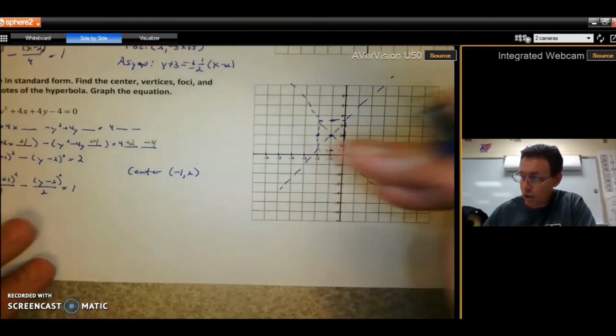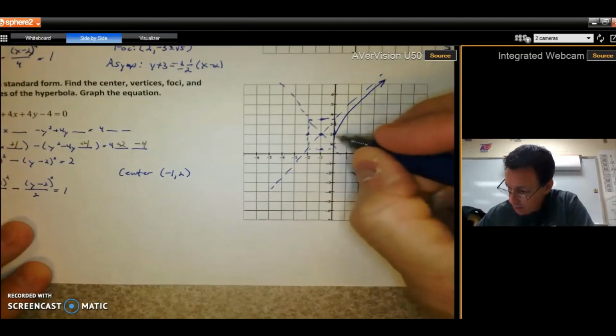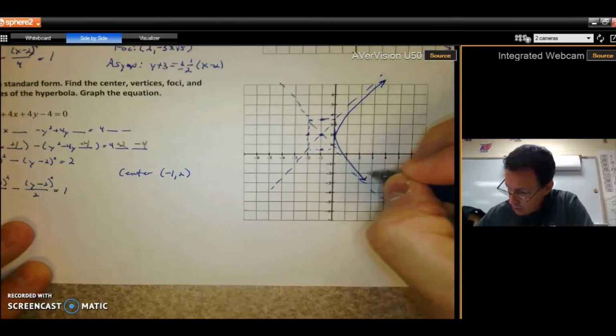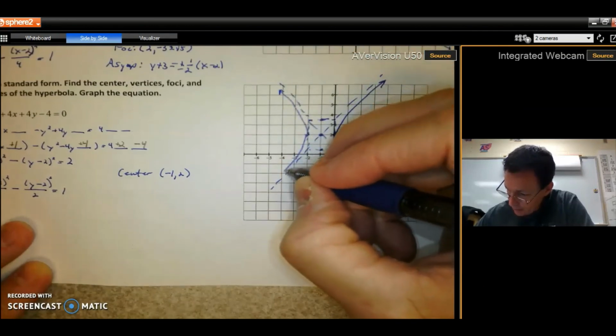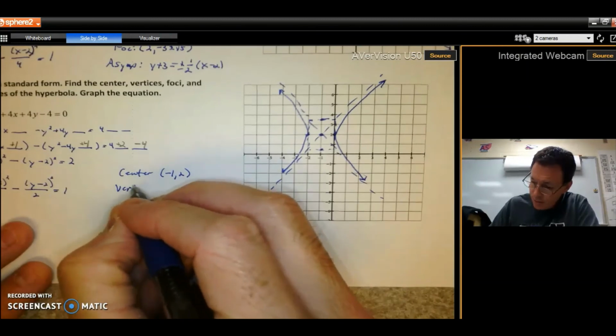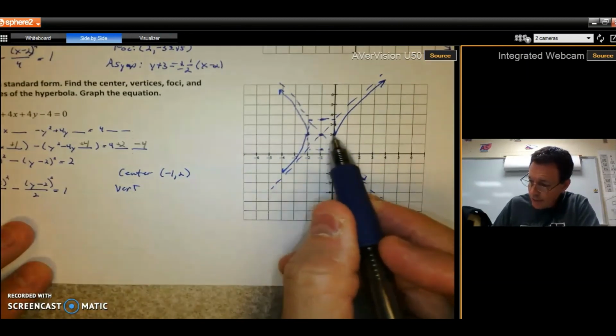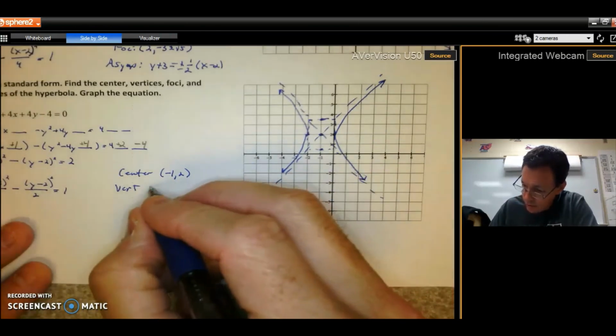So now I'm ready to draw my shape. My hyperbola goes side to side, so it's going to curl up and down. My vertices are going to be these 2 points that I actually went through. So what's this? -2, 2.